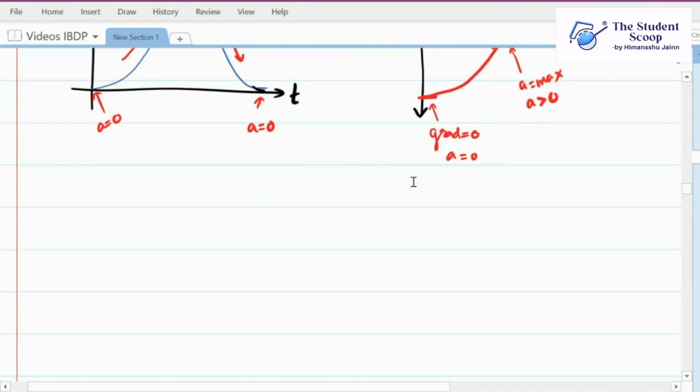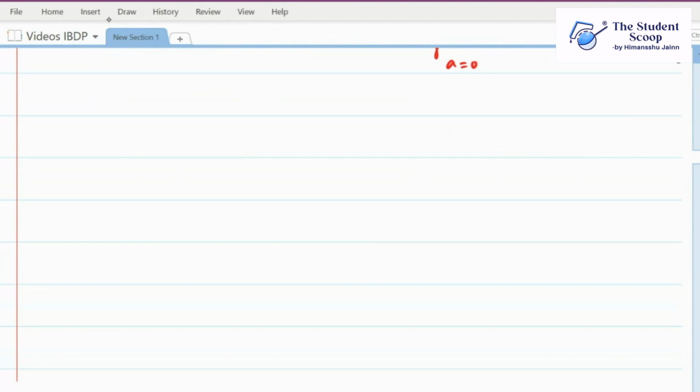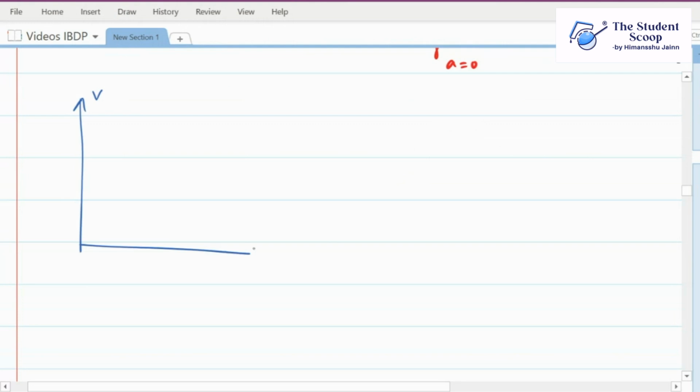Also, one more thing we can calculate is instantaneous speed or average speed from the graph. Imagine I have a graph and it gives me a curve something like this.